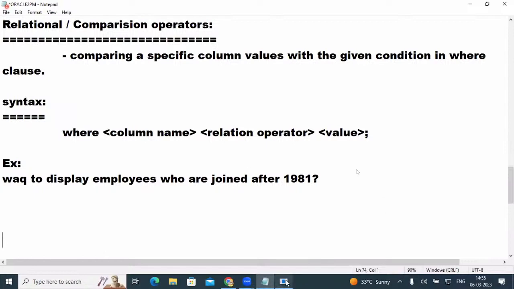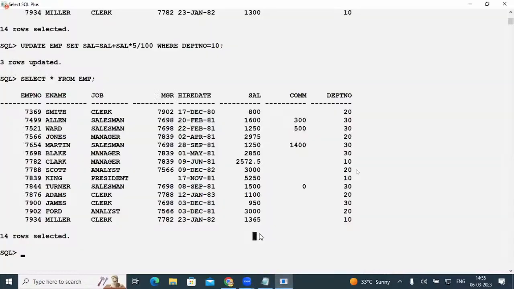So now we can see this is your table and the hire dates are there. Out of 14 employees, many employees joined in 1981. Before 1981 there is only one person, in 1980, but I want after. After 1981, how many people joined? 1, 2, and 3.